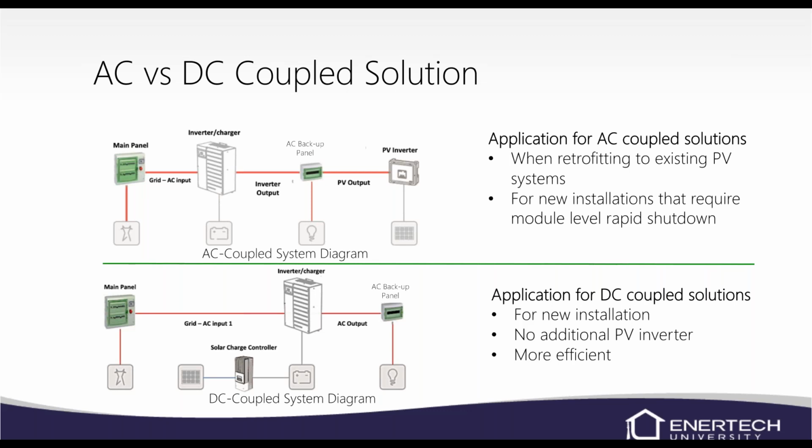So from the right to the left, basically coming back into your inverter, and everything just ties back into the inverter, and then back into your control panel or your main panel in your home.